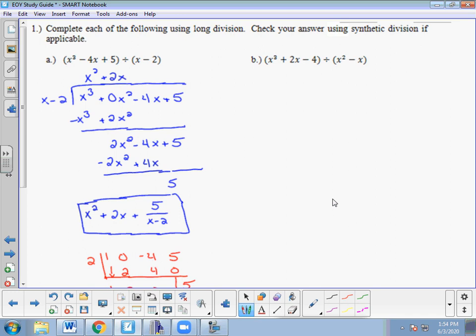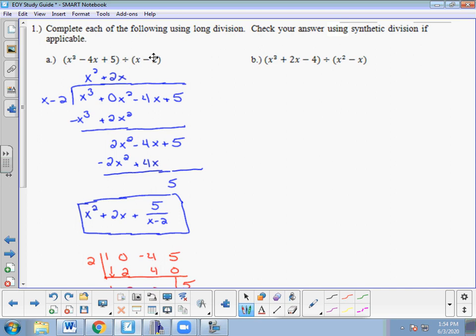Now, in B, we're going to do this problem with long division, but we're not going to do it in synthetic division because synthetic division does not work for problem B. We're only able to use synthetic division when you divide by a term that is of degree 1 or has 1 zero.